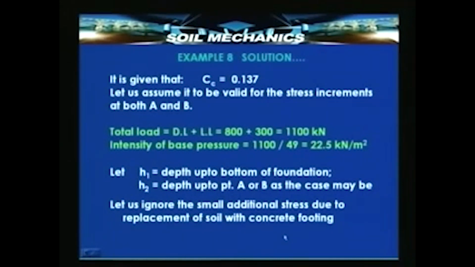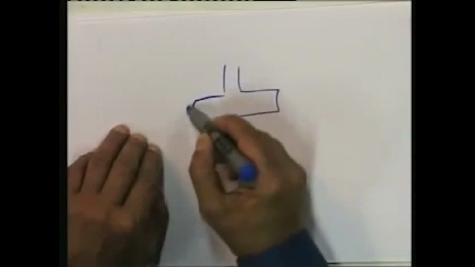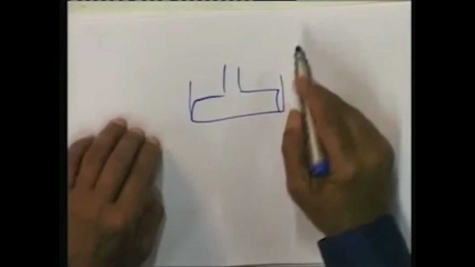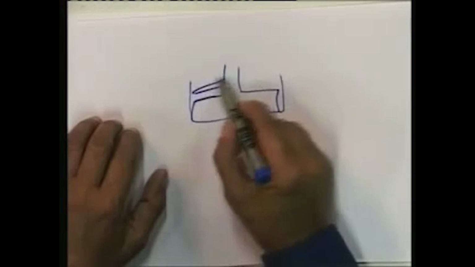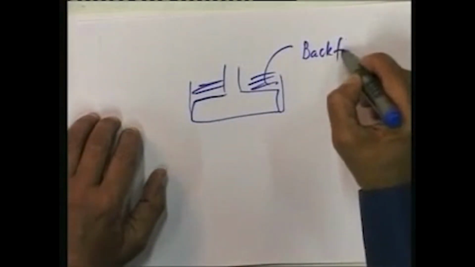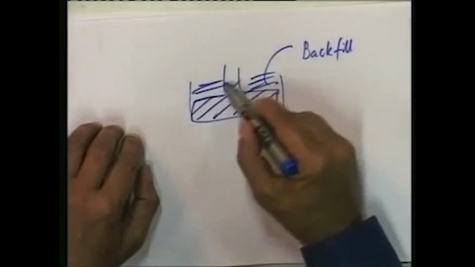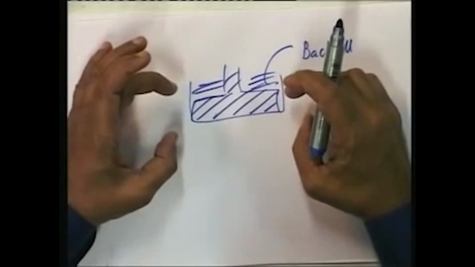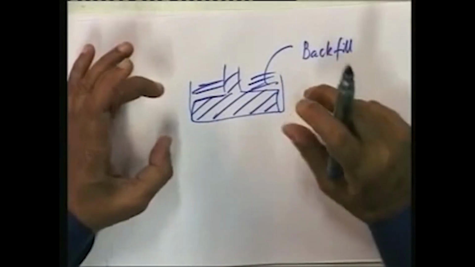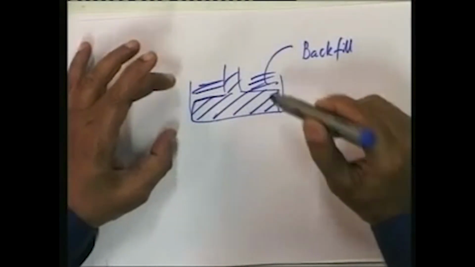Now, there is a subtle point which needs a brief explanation here. Actually, when you put the foundation, we will be removing some soil and replacing it with concrete, and then of course backfilling. This is backfill. That means in this portion now, which is being occupied by the concrete foundation, since the unit weight of concrete is more than that of the soil, there is a small increase in the stress level.